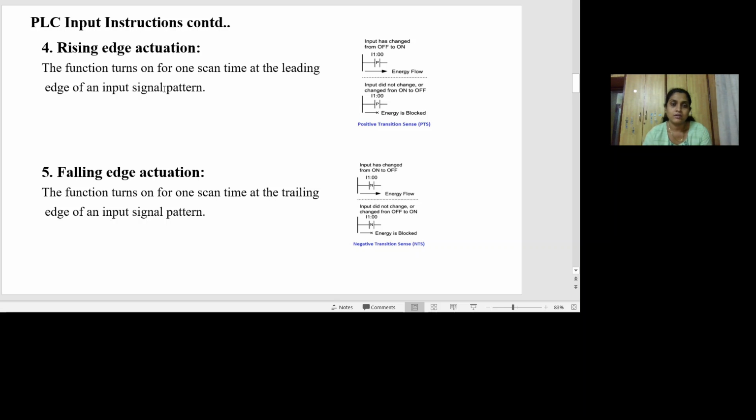Whereas in the next two instructions which you are going to study, the output will be energized, or the coil is energized, only at a particular instance of time.